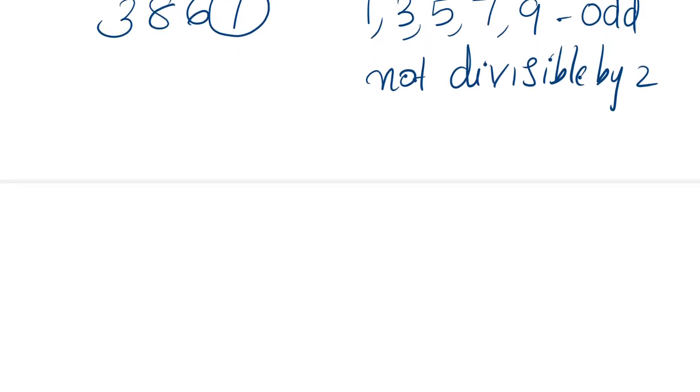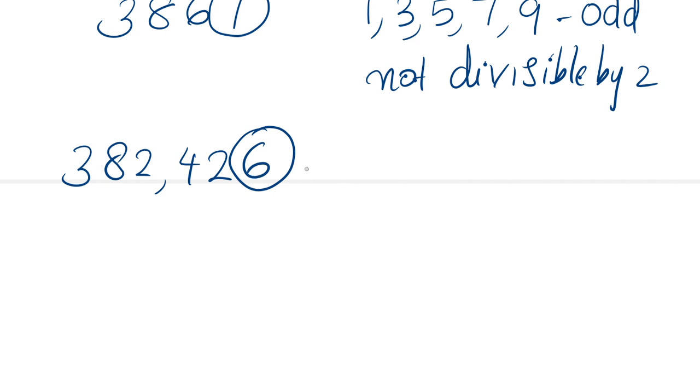Okay. So when we get a big number, for example, 382,426, just check the ones place digit. Here it is 6, so this is an even number. So this one is divisible by 2. Then 397,425.